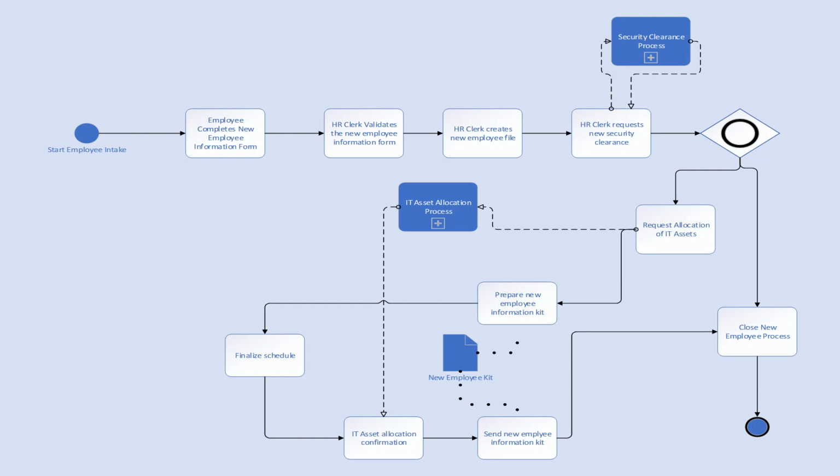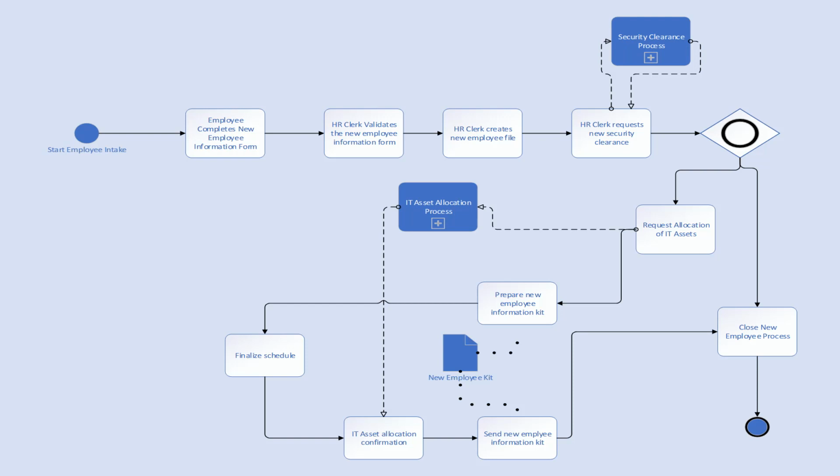Further, you note that we diagram also interactions with other processes. For example, when the HR clerk requests a new security clearance, we describe an interaction with another process called security clearance process. This is because processes have a single objective, and processing a security clearance is not part of our current objectives and is the responsibility of another process.